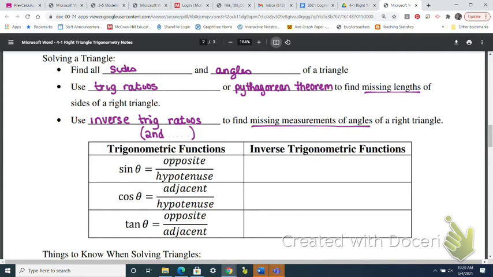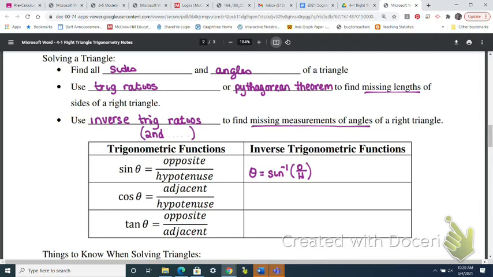So if my equation had a sine, to find the angle, I would hit second sine, or sine to the -1 of opposite over hypotenuse.